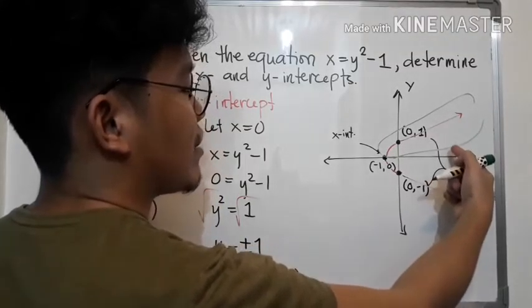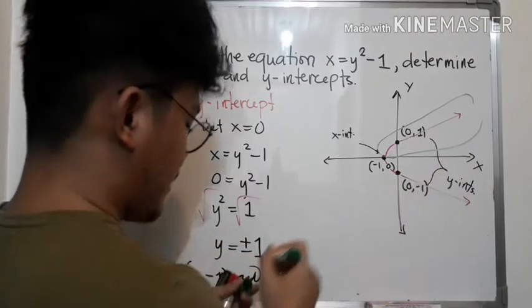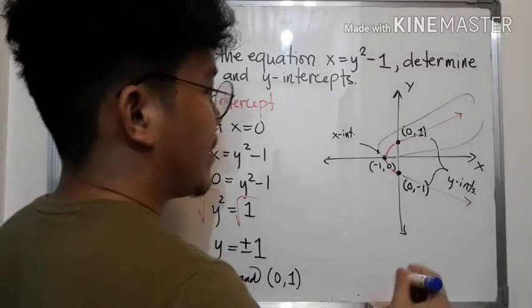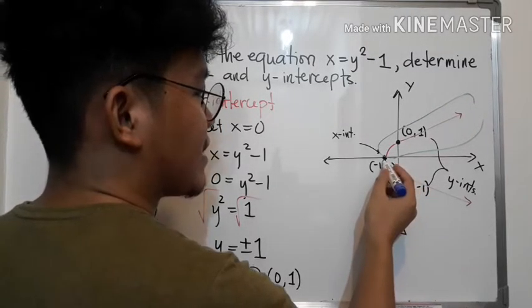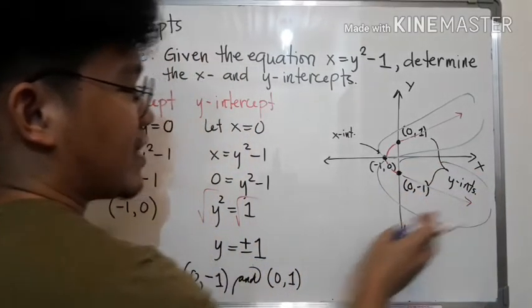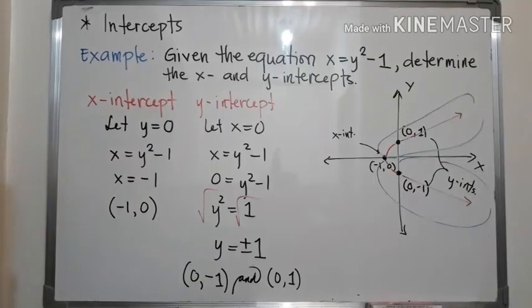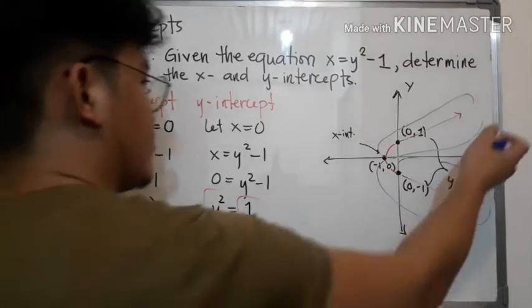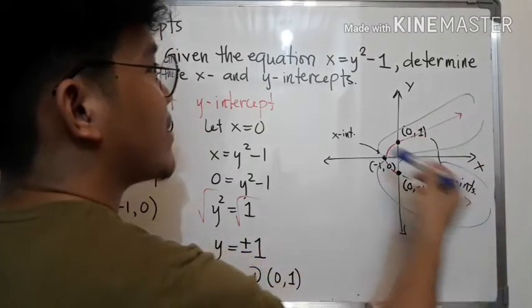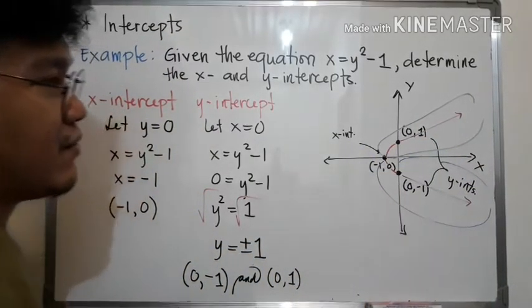There's a one-to-one relationship. And the one below, the graph of the equation below the x-axis, is also a function, because it satisfies the definition of function. But taking the whole picture, the whole graph of the equation, it's not a function.